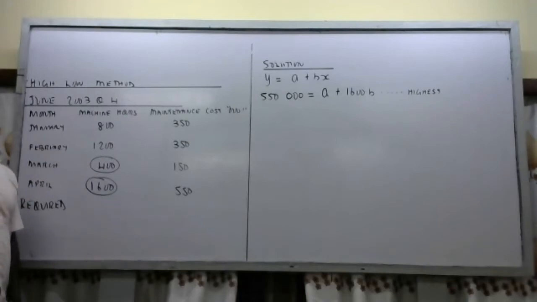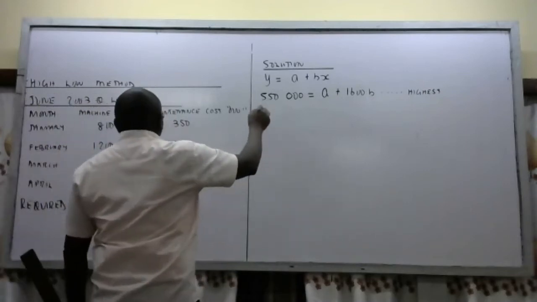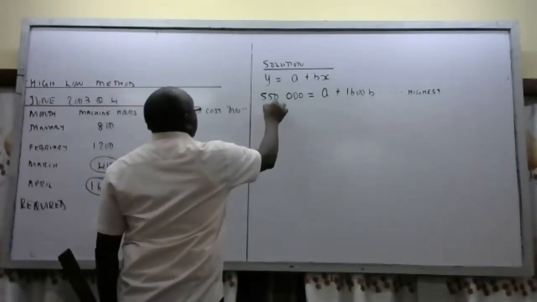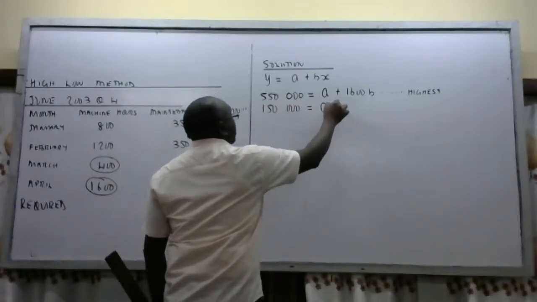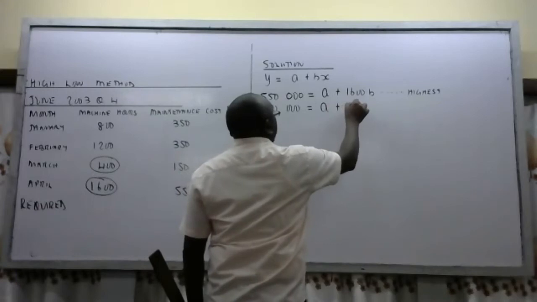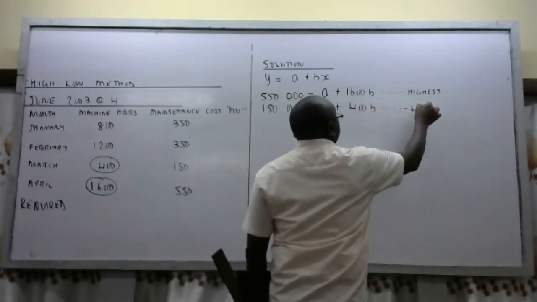Then we go to the lowest. The cost is 150,000. So this is A plus 400B. This is the lowest.